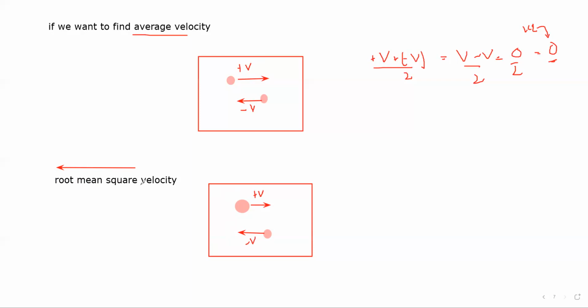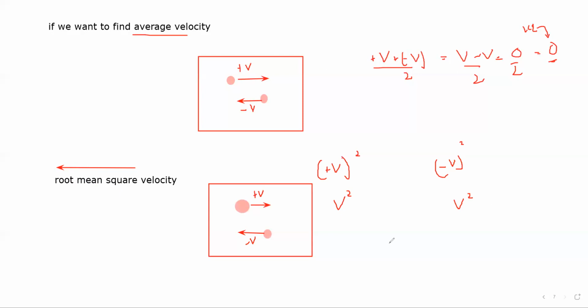First we take the square. I'll take the square of plus v, and I will take the square of minus v. Because the square of a positive number is positive, but the square of a negative number is also positive. So both values become positive. That is v square, that is also v square.